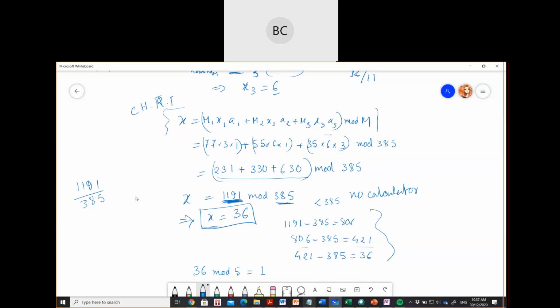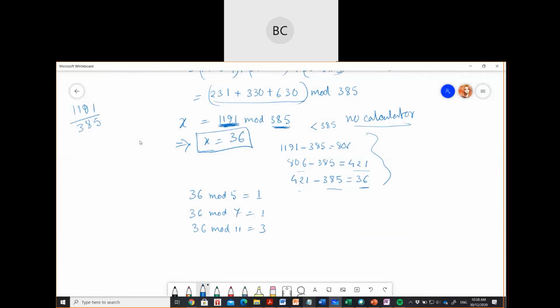Again, it's bigger than 385, so you will do the same process. 421 minus 385, 36. Now 36 is smaller than 385. That's the value. This is just a simple technique when you don't have any calculator. If you have a calculator, you can just check what will be 1191 mod 385.